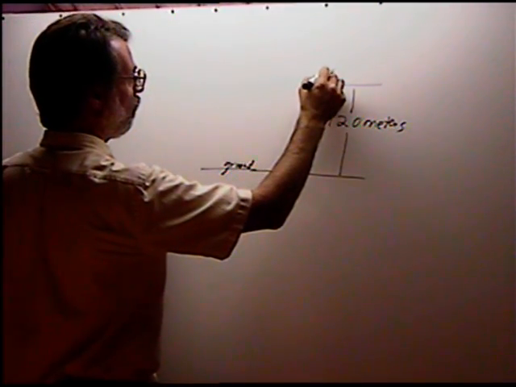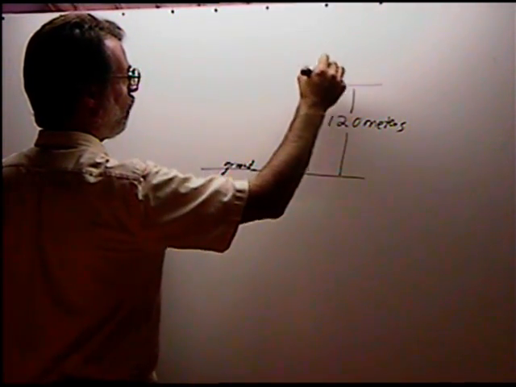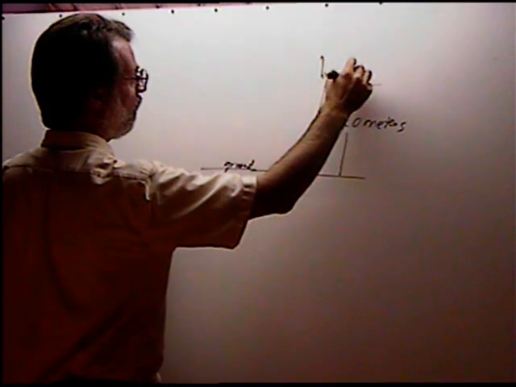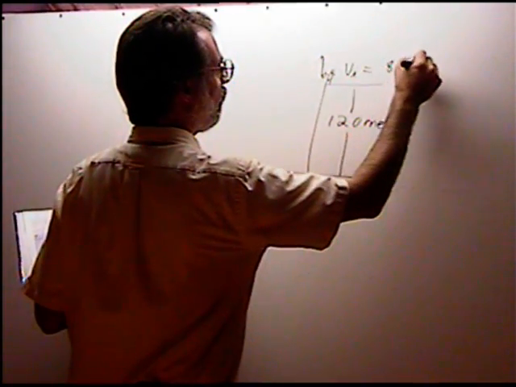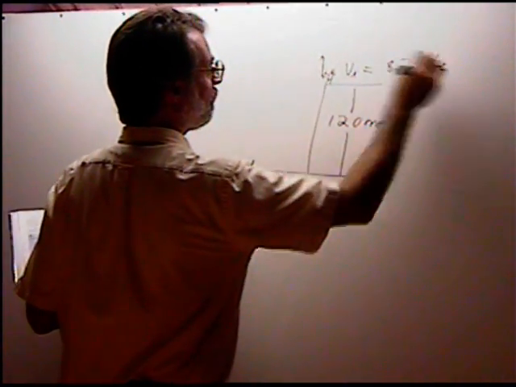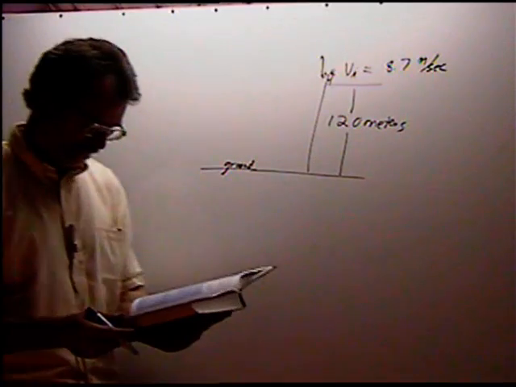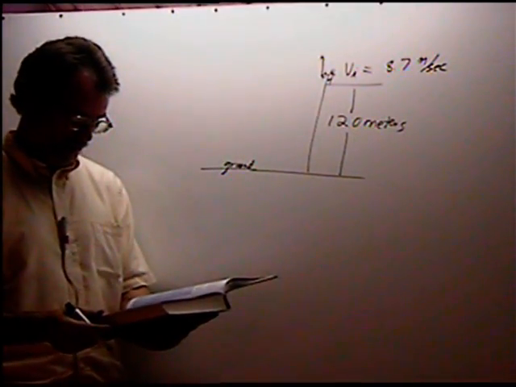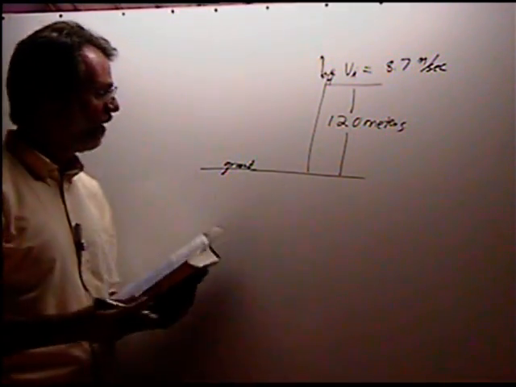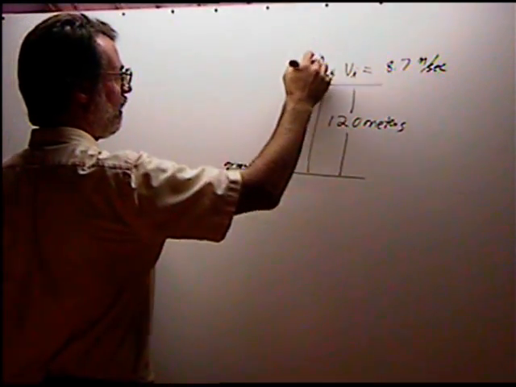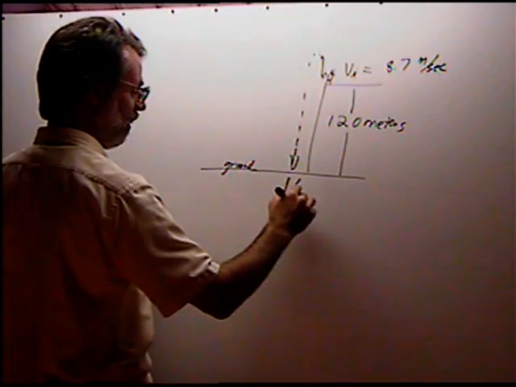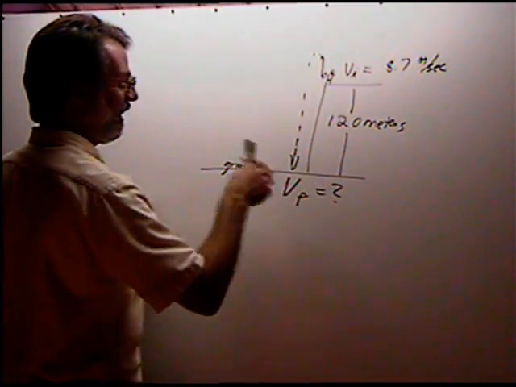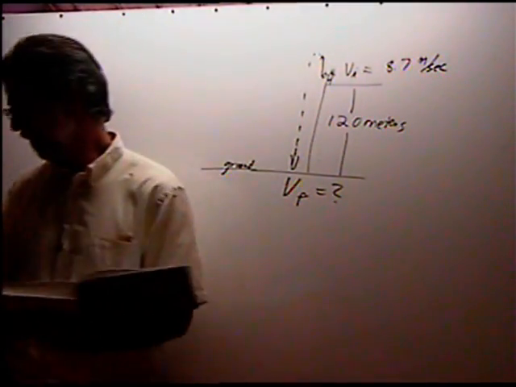And he throws a rock up with an initial velocity. The initial velocity is 8.7 meters per second. And the question is, what will be the final velocity when it comes back and it hits the ground?